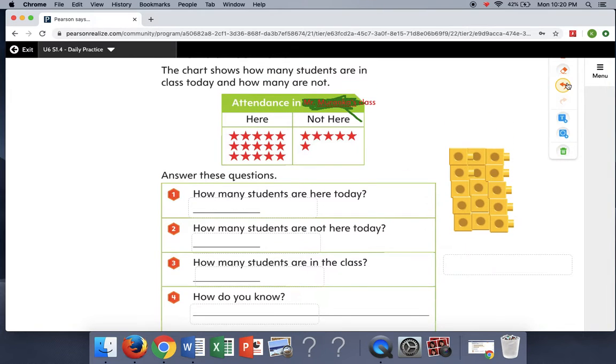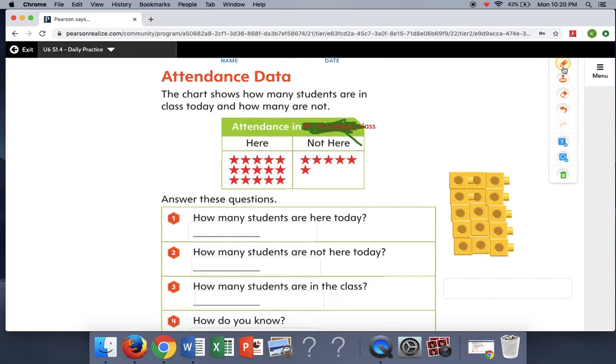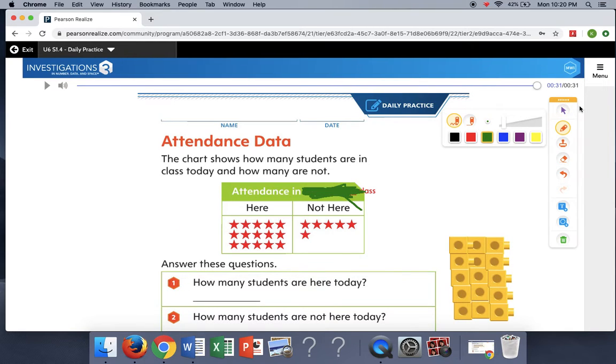Well, looking at the data, what do I do first? I look at the data, at the chart, and I look at the data that says here. So let's see who is here today in Mr. Morocco's class. Let's count together.